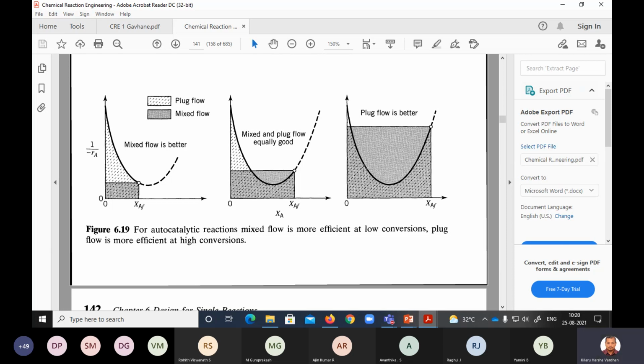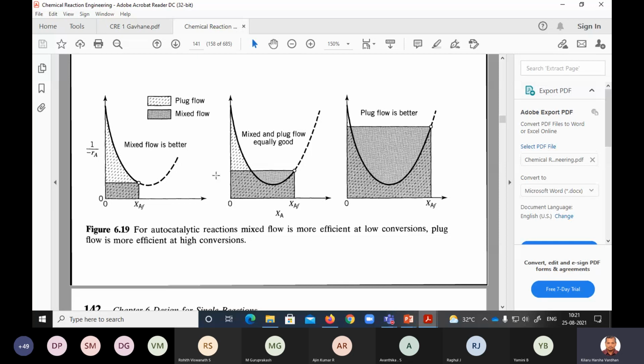Understood? So how to find this maximum rate? That is what is important. Till that particular conversion, you know your MFR is better, so from there you go for a PFR. Then this extra volume will not come into the picture.